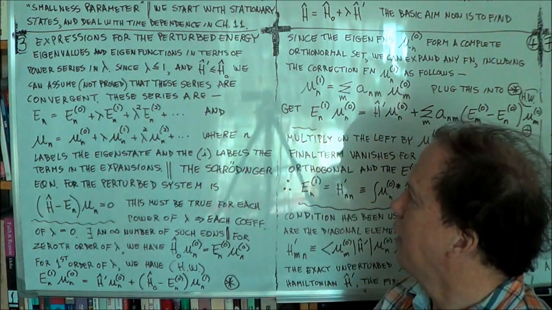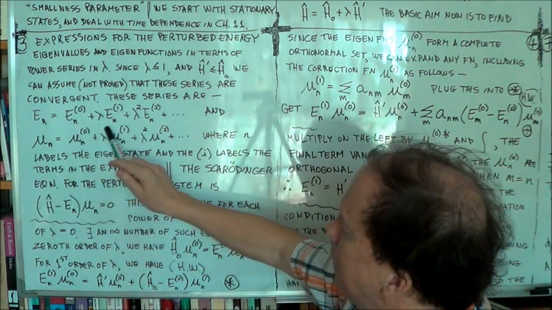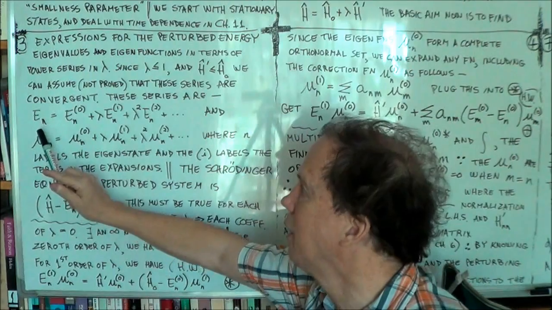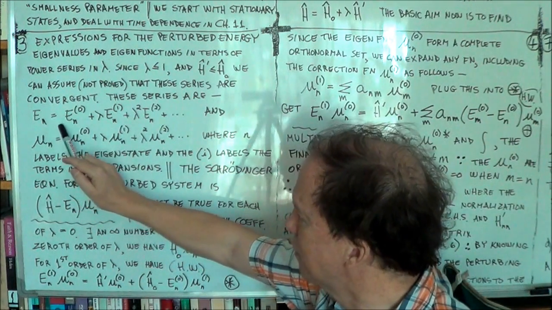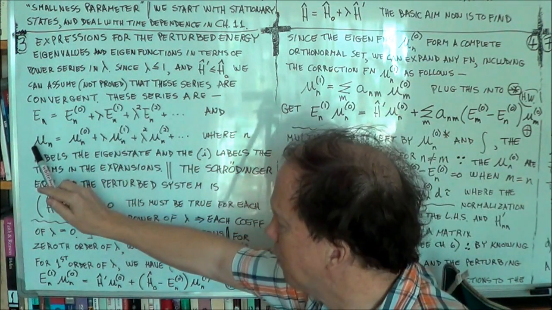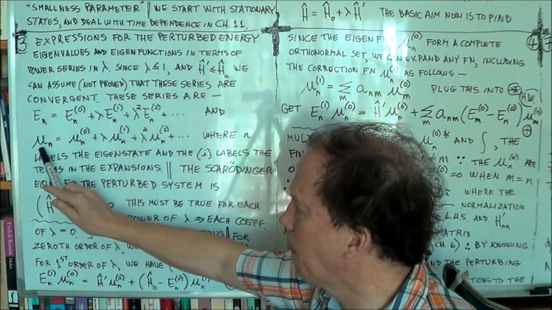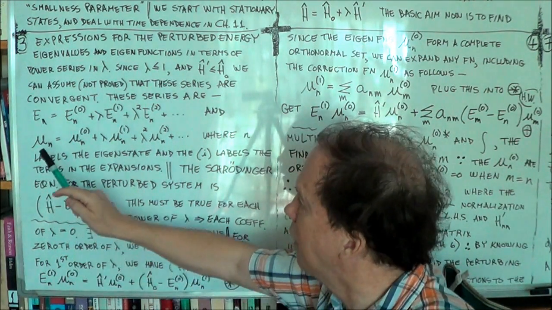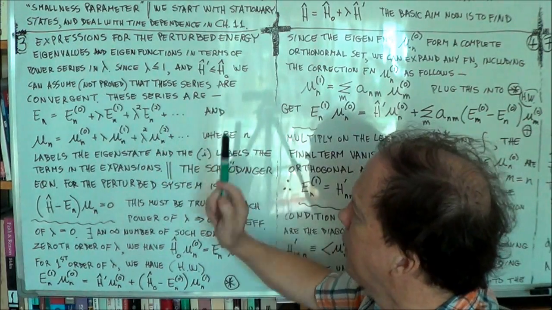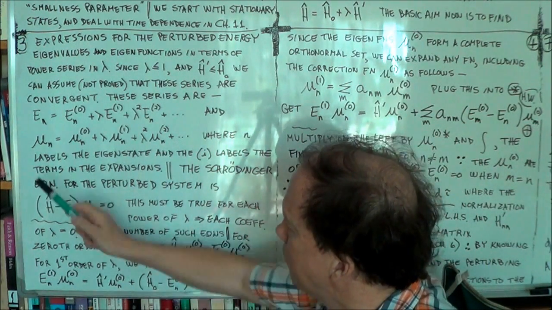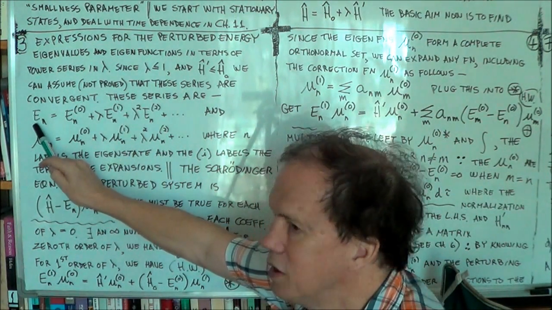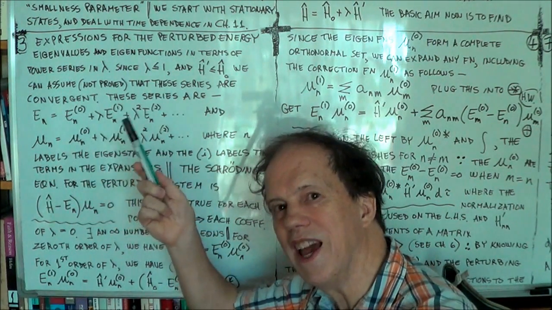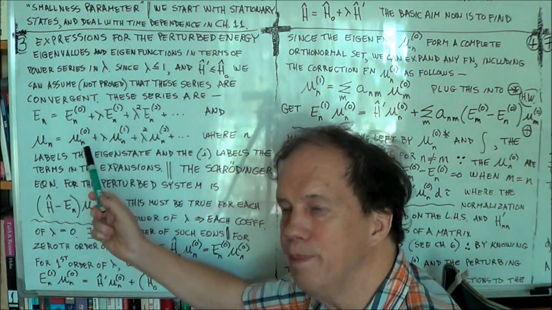All right. So we assume that the new, the modified, the perturbed eigenvalues take this form. We assume the eigenstates, the eigenfunctions, take this form. And remember, these are the eigenenergies for the perturbed Hamiltonian, the one with the added Hamiltonian term.